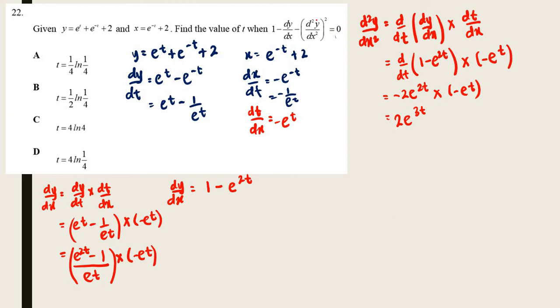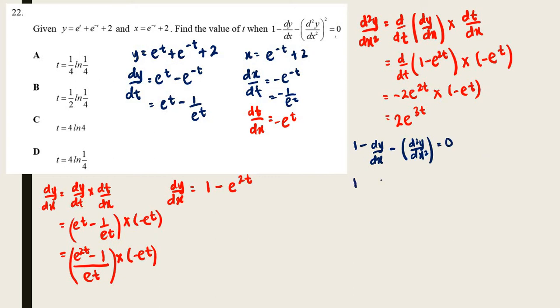In this question, we need to use this equation to get the value of t. So if we substitute the information that we have, we have 1 minus dy/dx minus our second derivative d²y/dx squared equals 0.